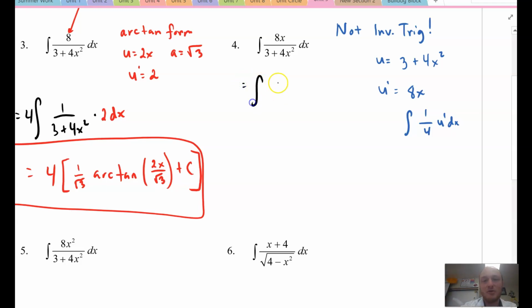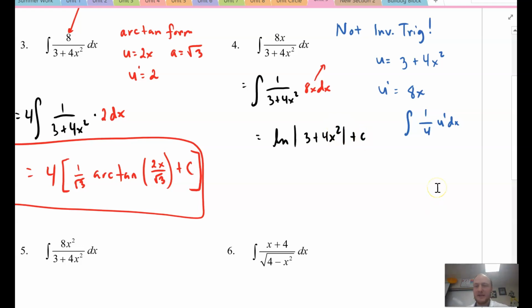This is the integral of 1 over 3 plus 4x squared, and then here's your hook. Your hook is 8x dx. So that's going to go away. And then your answer is the natural log of the absolute value of 3 plus 4x squared plus c. And there you have it.